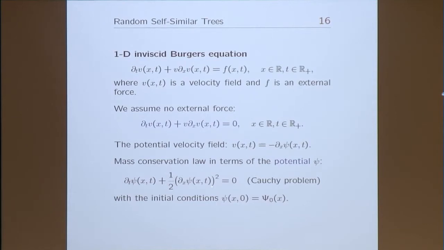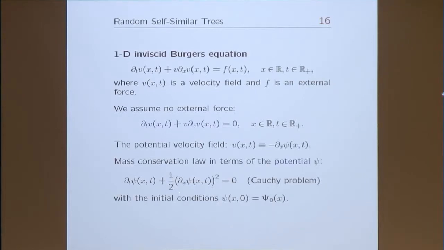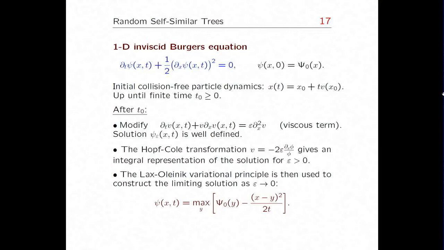You plug in under additional assumptions, which you can easily derive, proportionality to the density function. But you would arrive at this Cauchy problem with some initial conditions. Okay, so essentially that's what we are solving. And I copy it here with the initial condition.